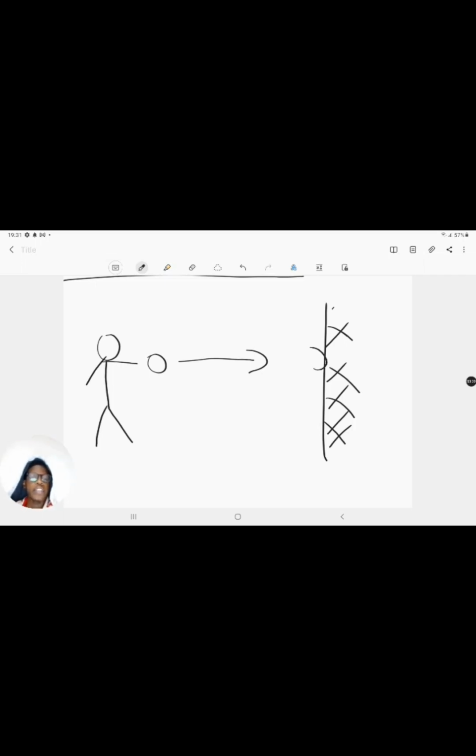The ball hits the wall, and the ball bounces off the wall and moves away from the wall. Now, this ball here has a certain energy. This is one and the same ball. It's the ball before collision and the ball after collision.